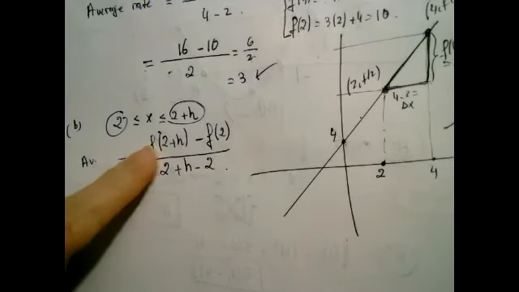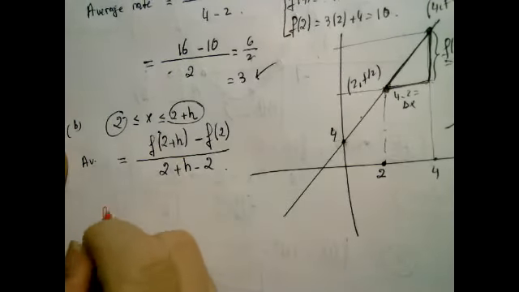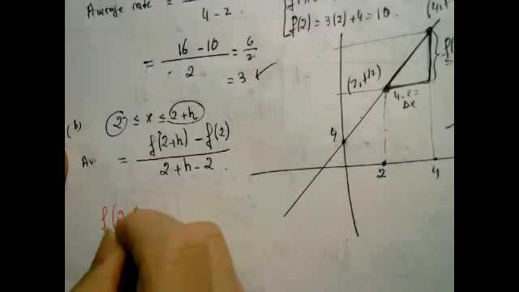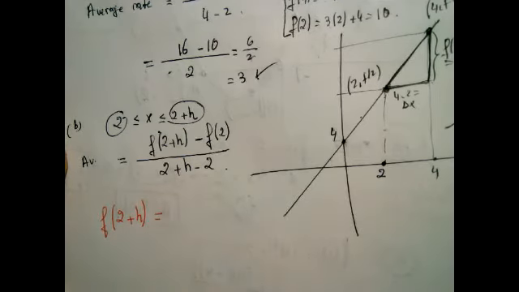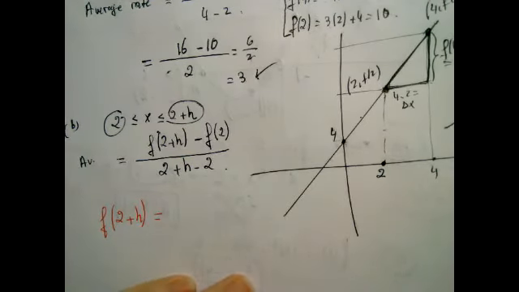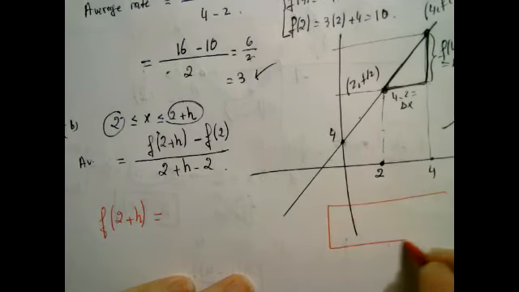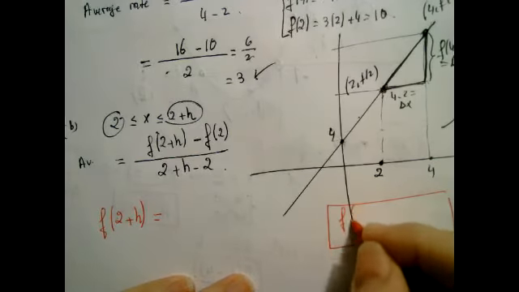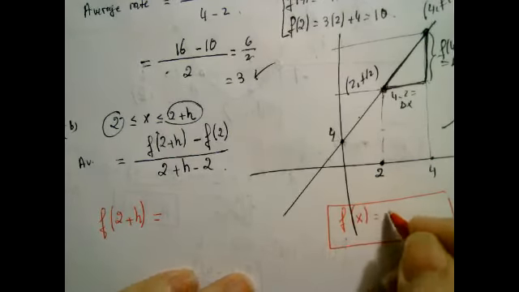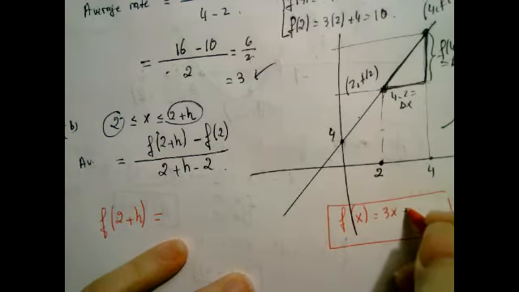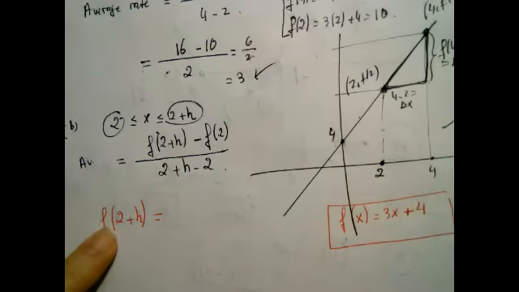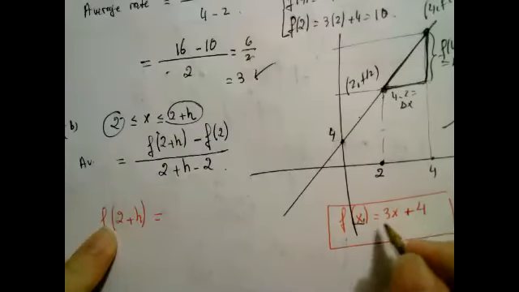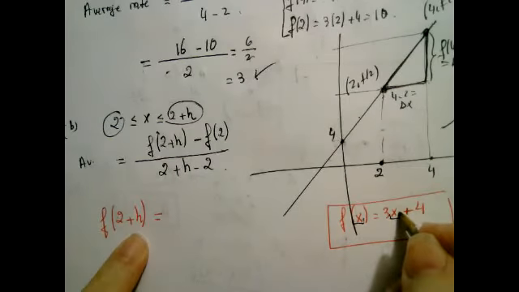So I'm going to do f of 2 plus h first. This is equal to what? Now, what is my function? My function is this. F of x is 3x plus 4. So what is f of 2 plus h? It means everywhere there is an x, I put 2 plus h.